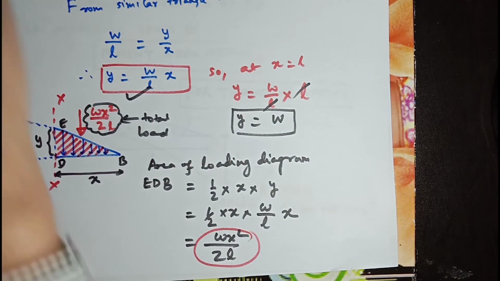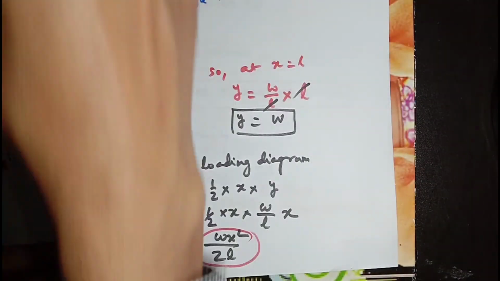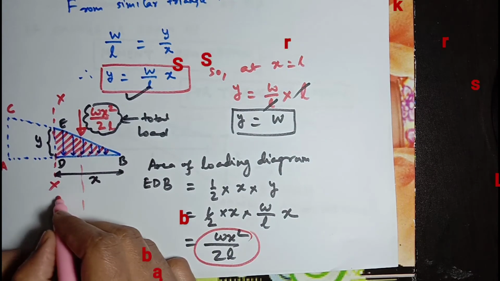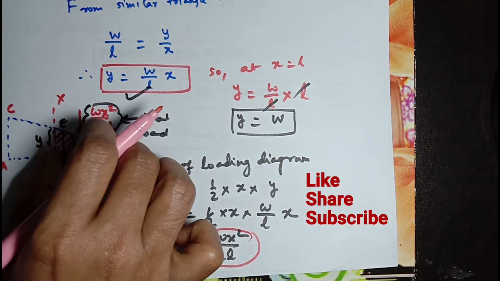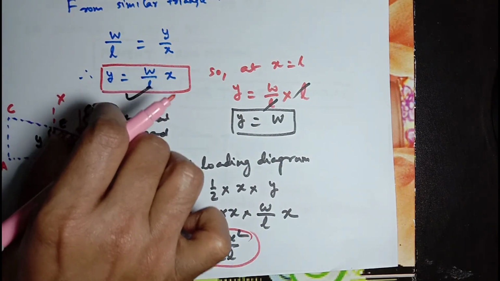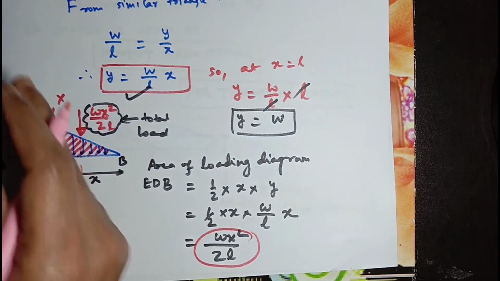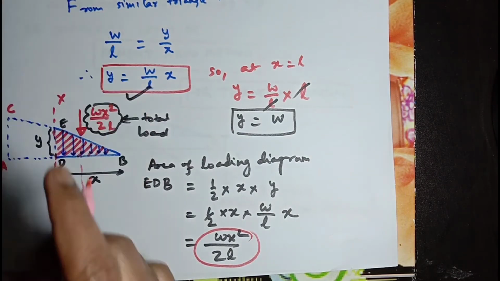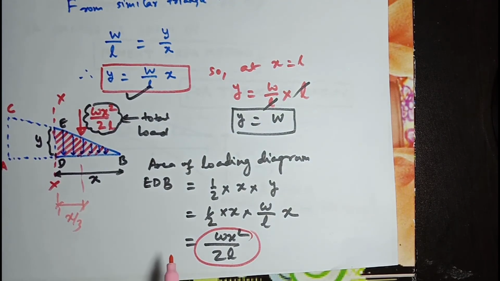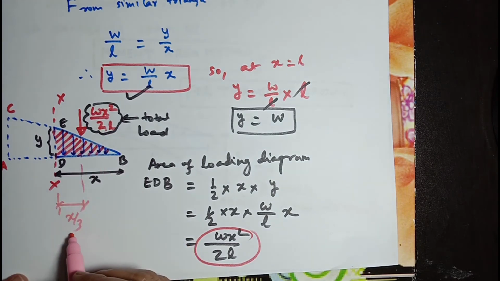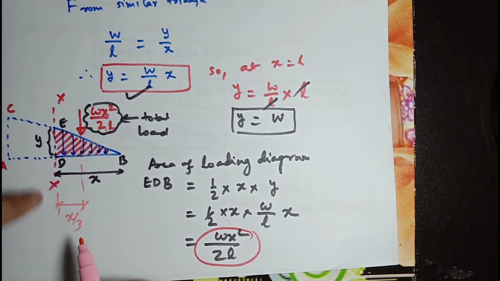Since it's a triangular loading, its centroid will be X by 3 from this section XX. So the bending moment at section XX will be the total loading multiplied by this centroidal distance.